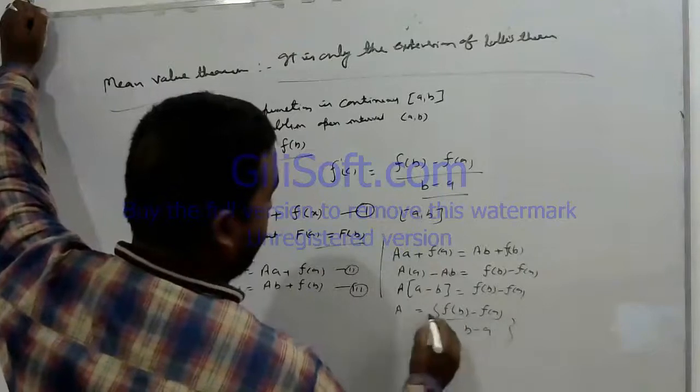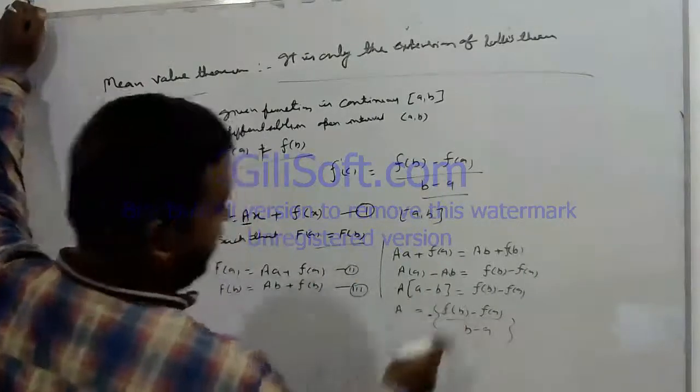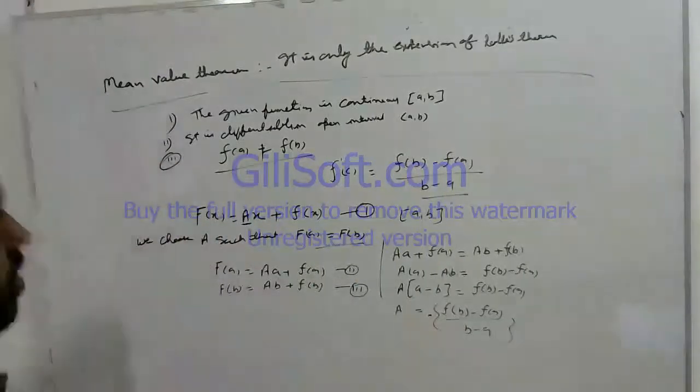And if we take minus 1 common, because there is a minus b, so I take it a minus b. Okay, this is the formula. A is equal to f(b) minus f(a) by b minus a. Now the third condition, it is given, it is differentiable.